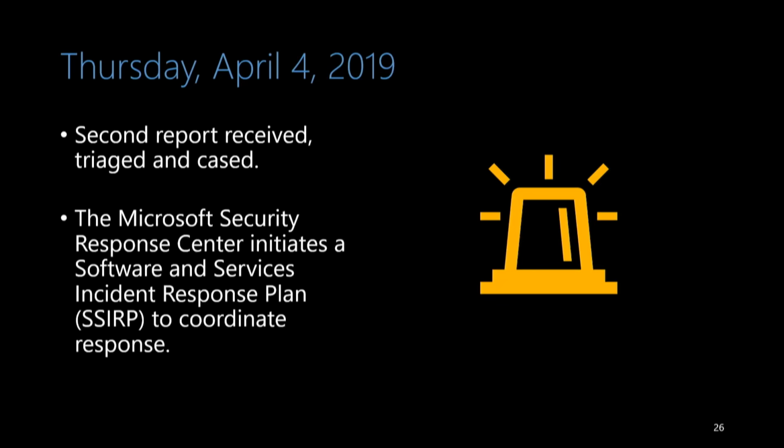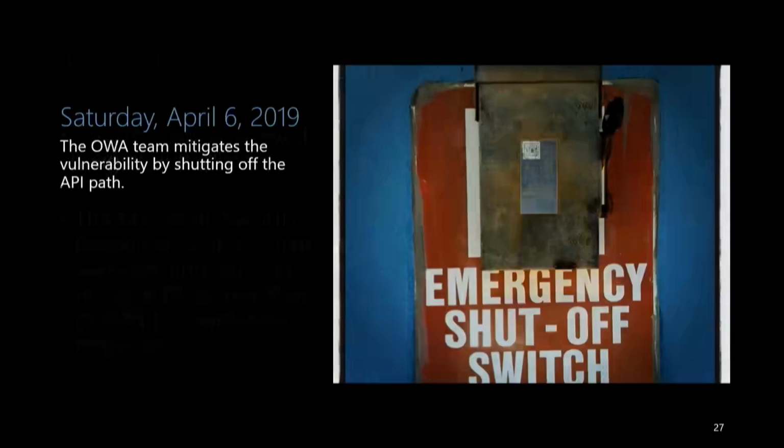As a result, the Outlook Web App team started looking for fixes, which accelerated fixes and mitigations. At this point of time, what we were thinking is we have to stop this as soon as possible, even with trade-offs of loss of some functionality, because you don't know how it could be exploited.